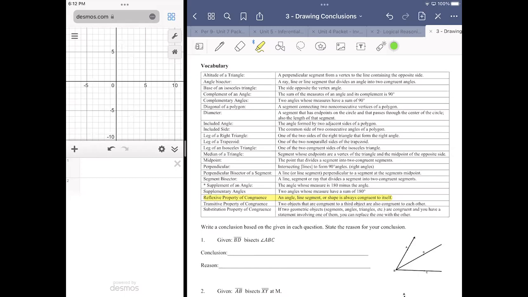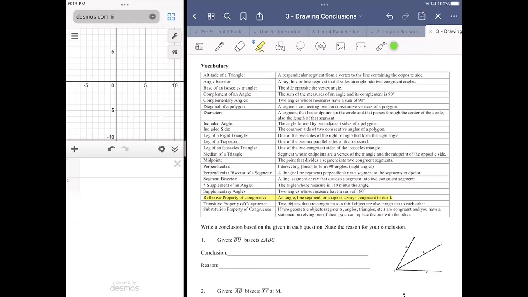But for example, a diameter of a circle might be very familiar to you. Right? So definitely use this as a reference, because even if you think you know something, you may not, or maybe you do know a term, you may not know it in the way that's most useful for constructing an appropriate proof. Right?